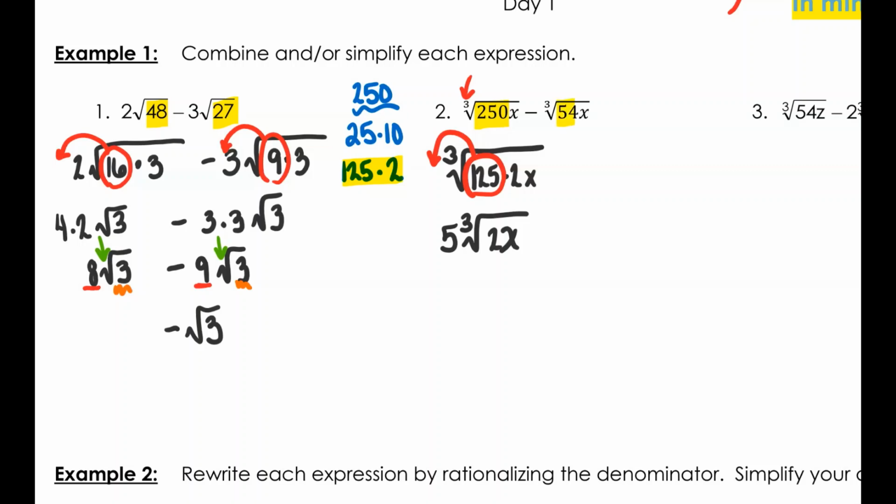And then I also want to work 54. Well, 54, the best factorization is going to be 27 and 2. And again, the reason I'm choosing 27 is because 27 is a perfect cube. And so that's going to come out, and that's going to come out as a 3.